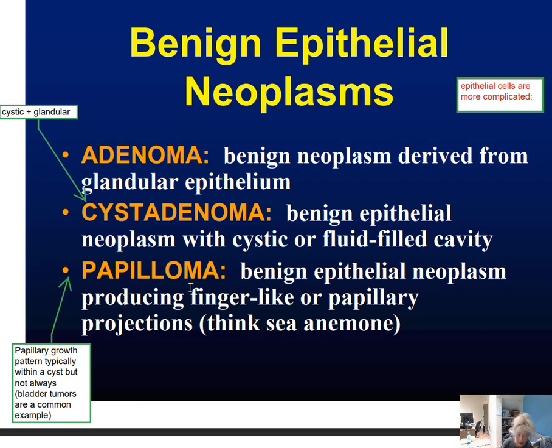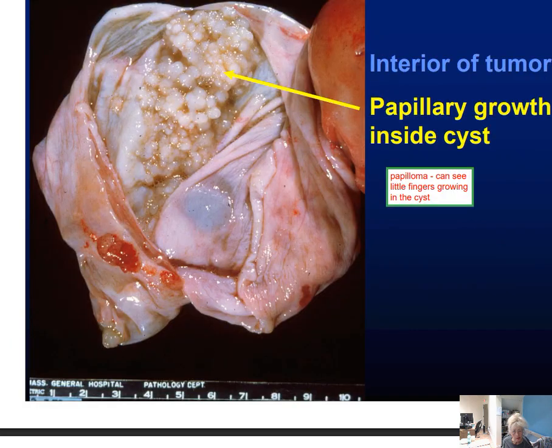The papillary growth pattern is typically within a cyst, but not always. Bladder tumors are a common example. So, have that. Interior of a tumor, a papillary growth inside of a cyst. So in a papilloma, you can see little fingers growing in the cyst. They look like pearls almost.